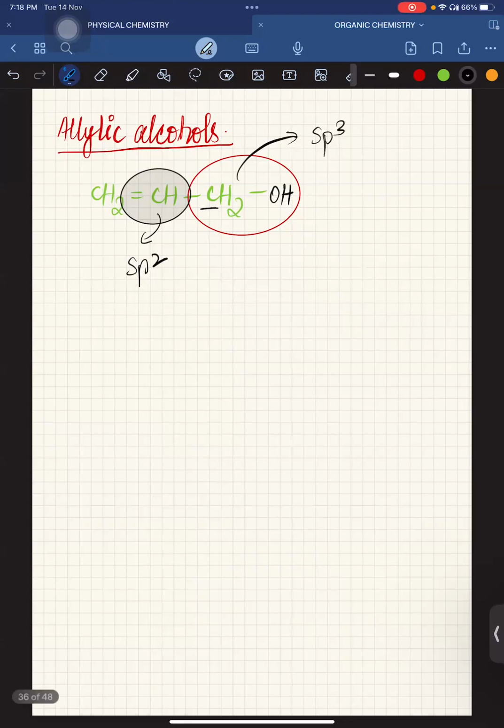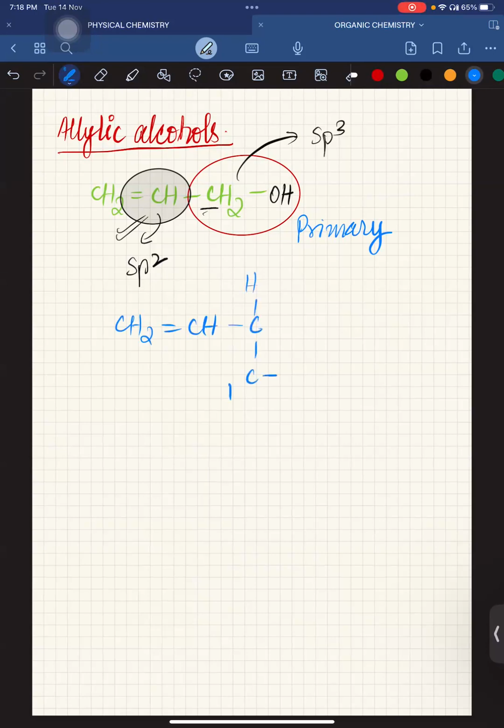The carbon to which OH is connected should be sp3, and adjacent to this sp3 carbon should be sp2. In the same way, you can classify this as primary, secondary, tertiary. So this is your primary. Can anyone tell me whether this is allylic, yes or no?